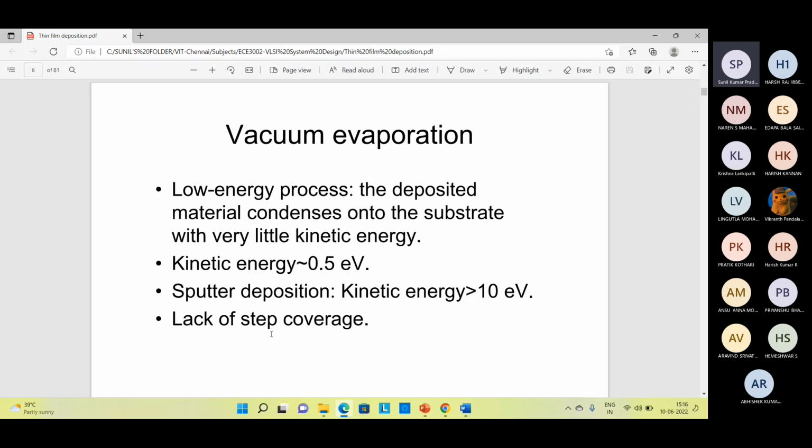Okay, lack of step coverage is also accounted for in the vacuum evaporation process. So one part is clear that vacuum evaporation is a low energy process where the kinetic energy is numerically equal to 0.5 electron volt.